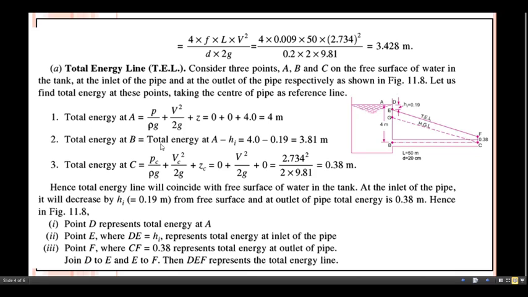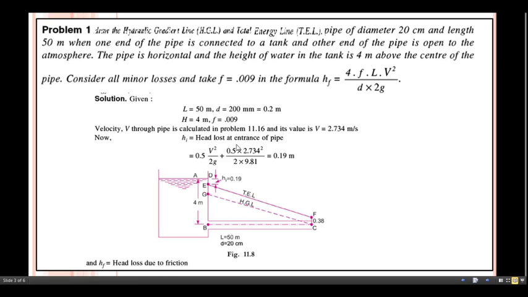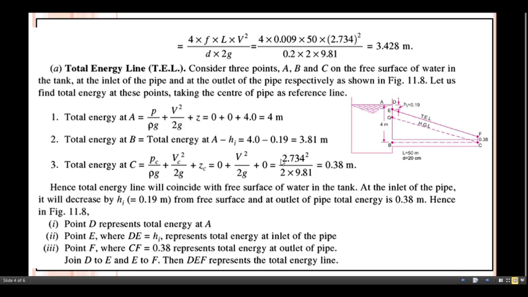Now see, the total energy at point B is nothing but the total energy at point A minus hi. So already the value for the hi with us is 0.19 meter. So this is total energy at point A minus hi, 4 minus 0.19, so we get 3.81 meter. Total energy at point C is nothing but PC divided by rho g plus VC square divided by twice g plus ZC.